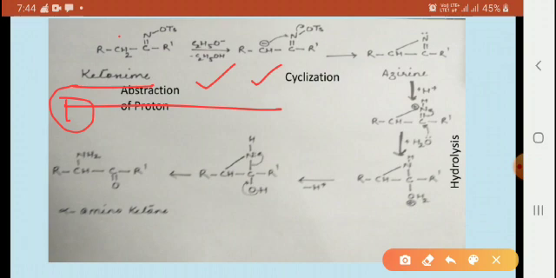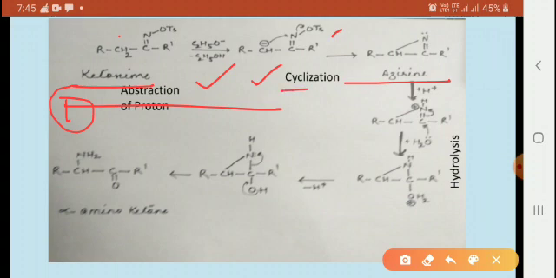The carbanion's negative charge moves towards the nitrogen, the more electronegative atom, and the OTs group departs as a leaving group and forms a three-membered ring, azirine.